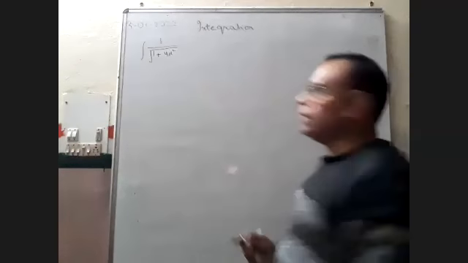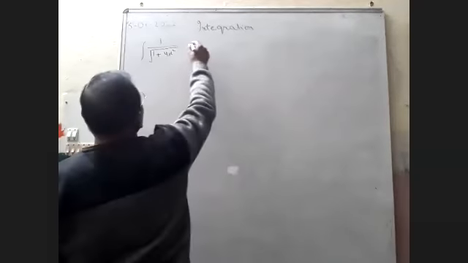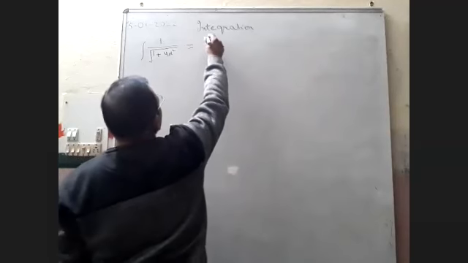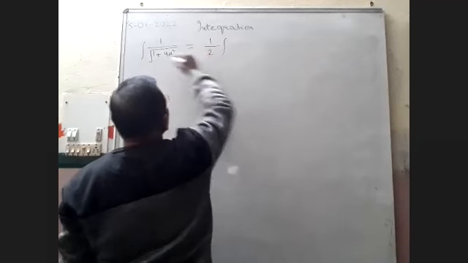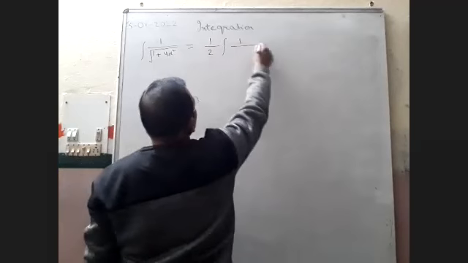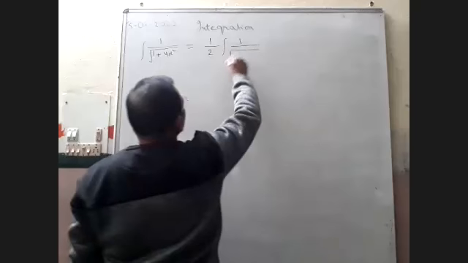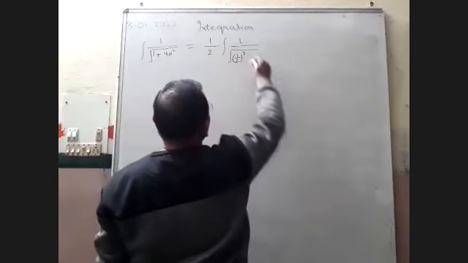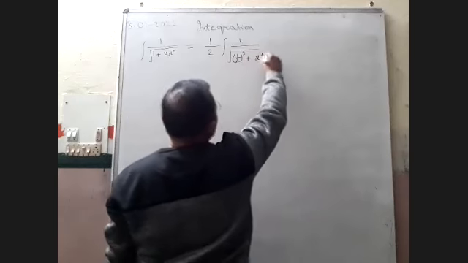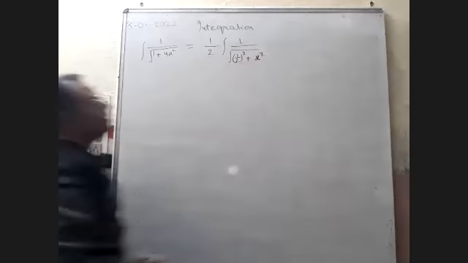Here the coefficient of x square is not 1. Just take 1 upon 4 common outside. Then it will become 2 only. 1 upon under root, and inside 1 upon 4. You can write 1 upon 2 square plus x square. Now it is in the standard form.